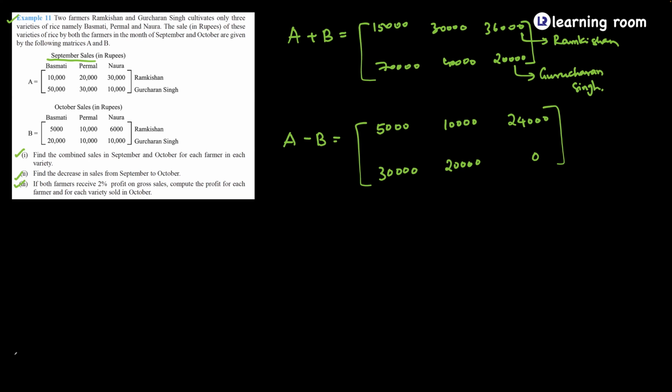Compute the profit for each farmer and for each variety sold in October, if both farmers receive 2% profit on gross sales.